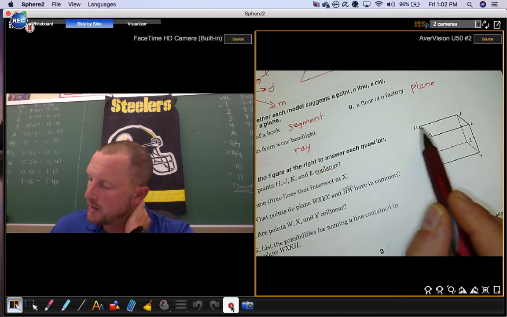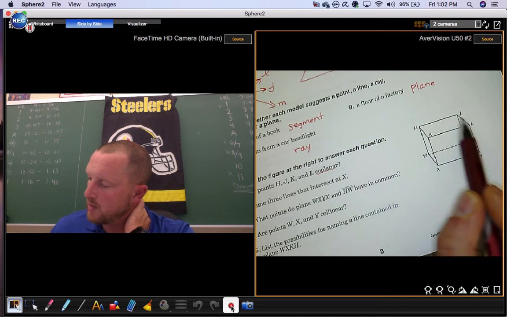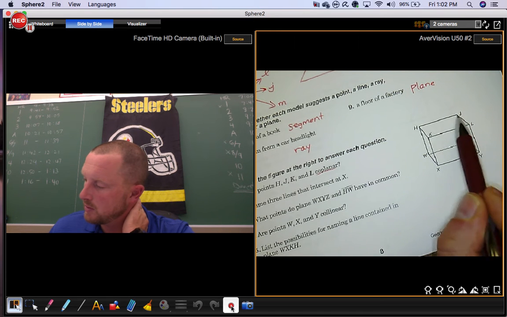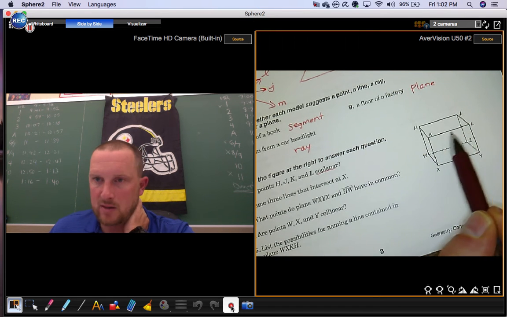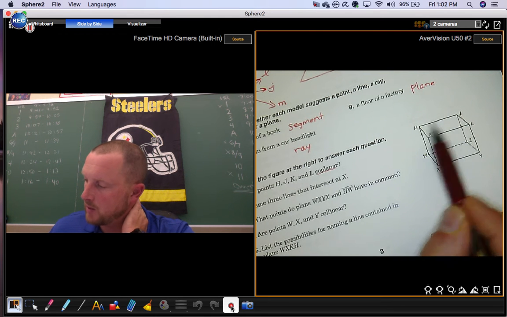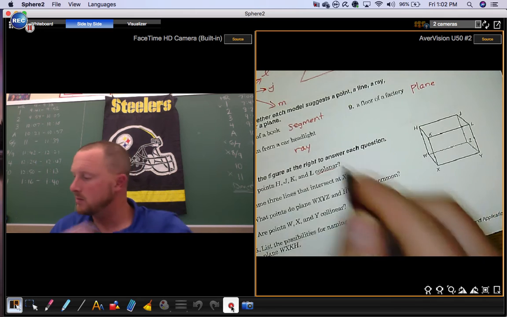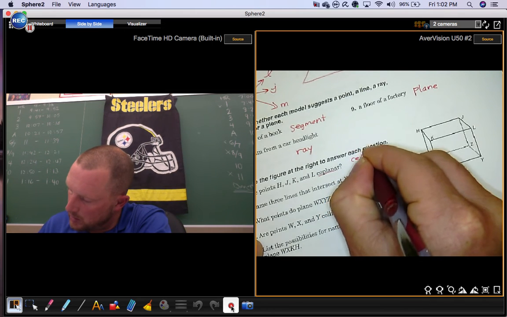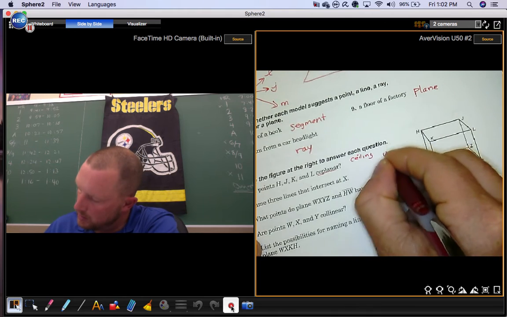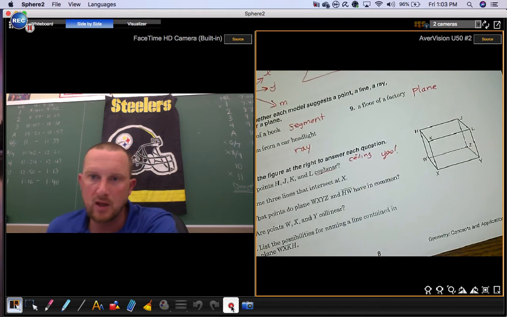So when we were talking about these 4 points, are they on the same flat surface? For example, are they on the floor, the ceiling, one of the walls? H, J, K, L, that's the ceiling. Okay, so I'll write that there just to help you. They are. That's the ceiling.